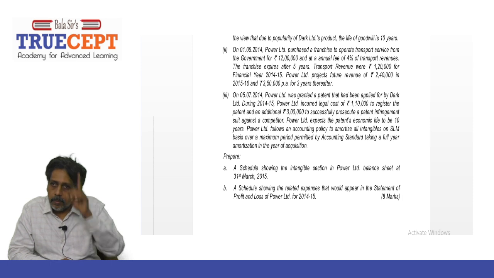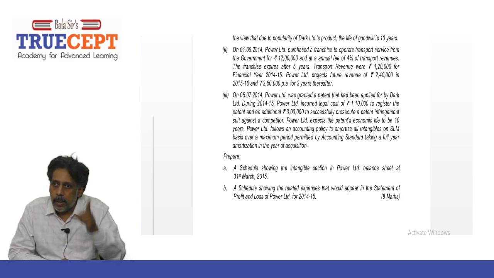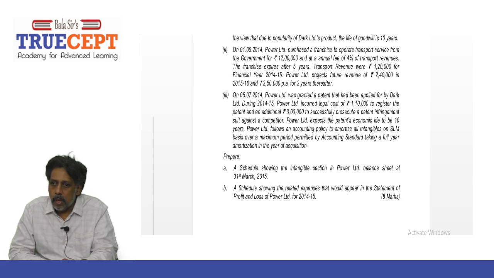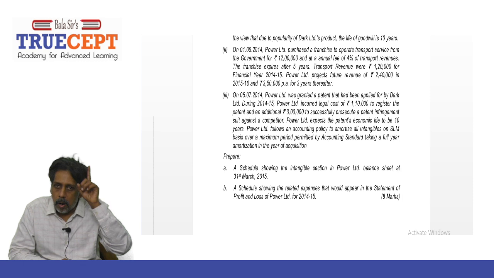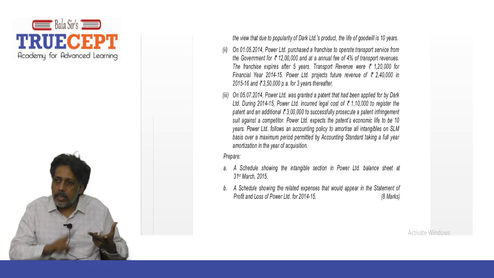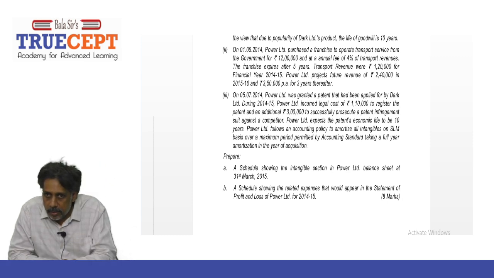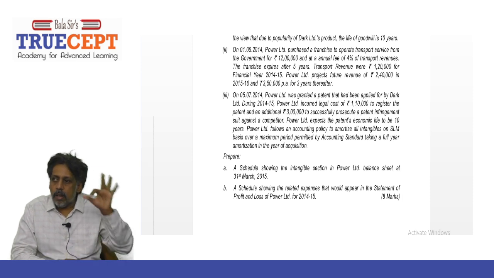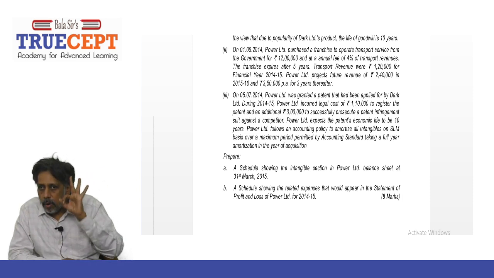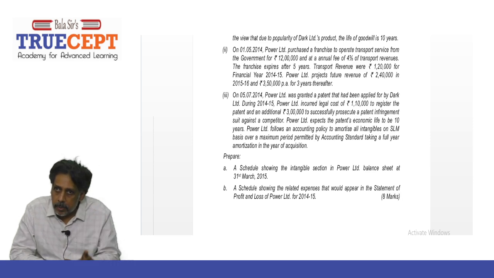The assumption is that without this 3 lakh, you will not be allowed to use the patent, because your competitor will not allow you to use it. Therefore, you paid 1,10,000 to register the intangible asset, the patent, and also incurred another 3 lakh legal cost to make it operational so that you can use the intangible asset.